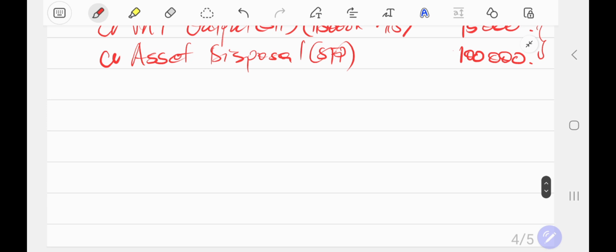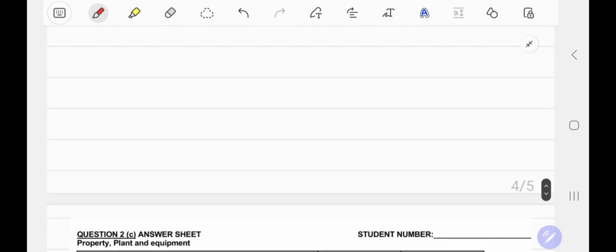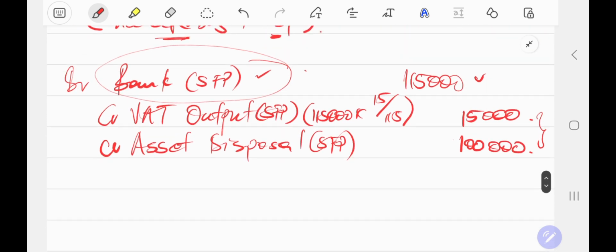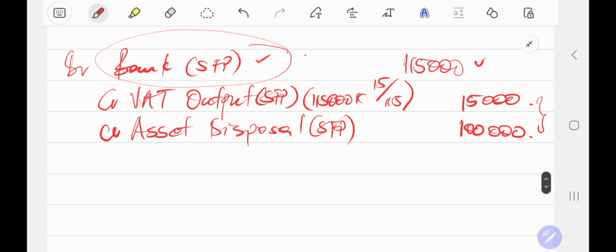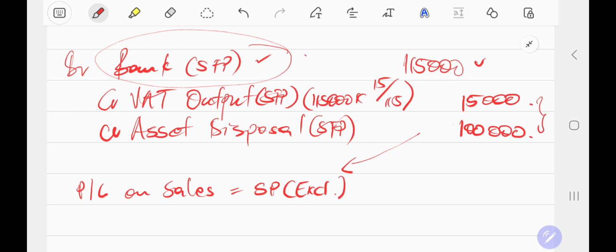And then the last journal that you create is the journal for a profit or a loss, right? You need to calculate the profit or loss on sale, right? Profit or loss is the selling price excluding VAT, which means it's going to be this 100,000 minus the carrying value of the asset. How do you get the carrying value of an asset? It's cost minus accumulated depreciation, right?